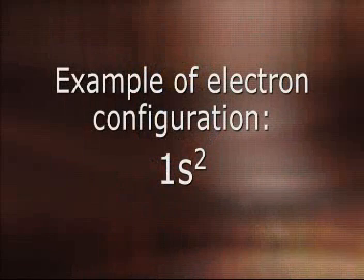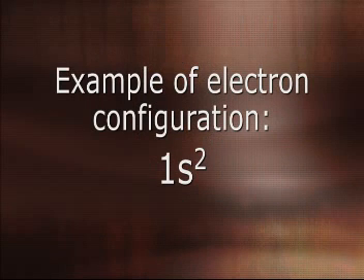Remember that electron configurations are designated by a coefficient, which shows the main energy level. Then, we specify the letter that denotes the sublevel that an electron occupies. This is followed by a superscript that shows the number of electrons on that sublevel.